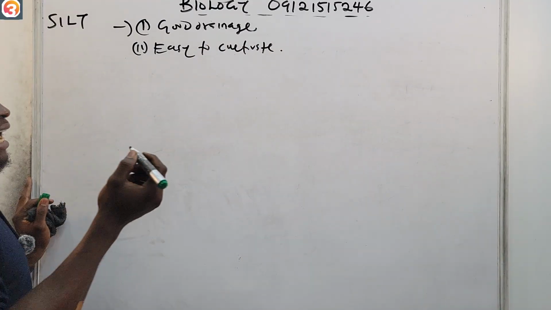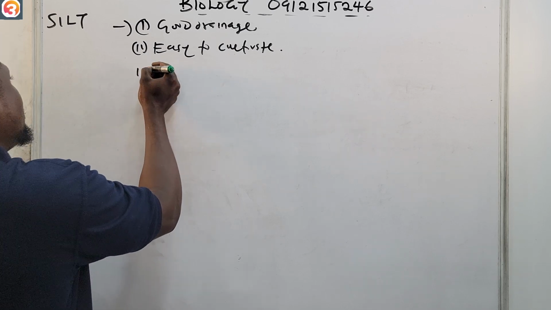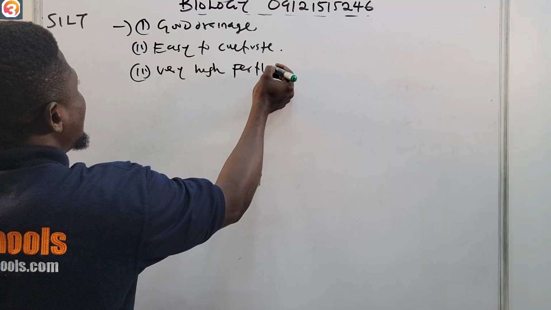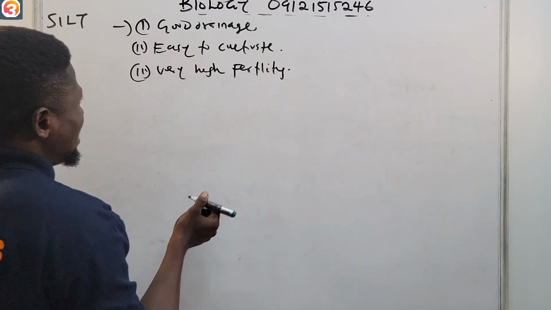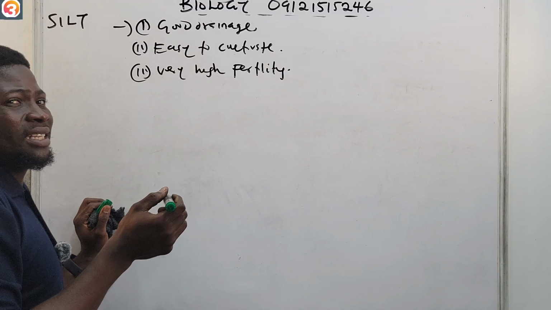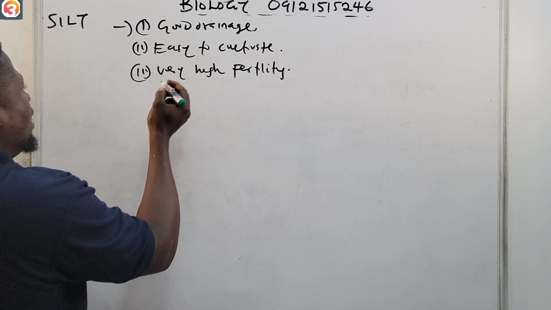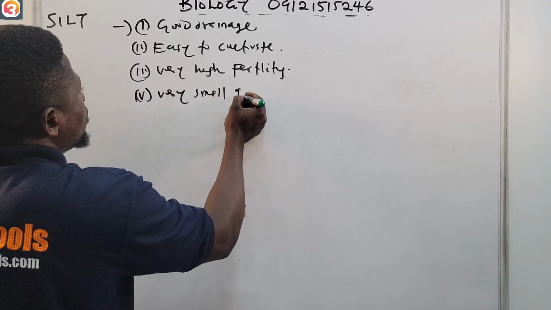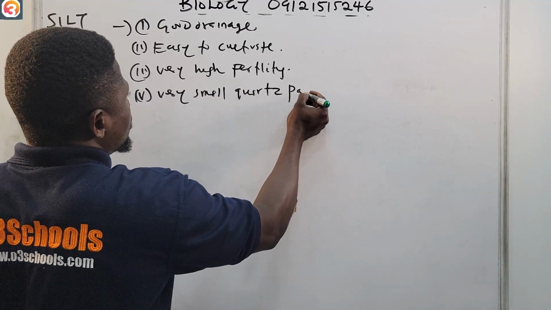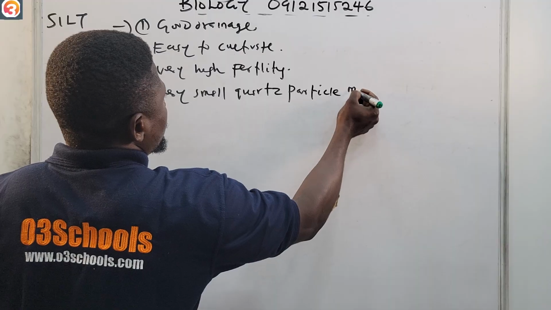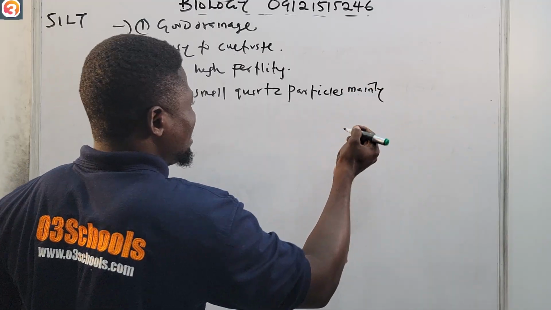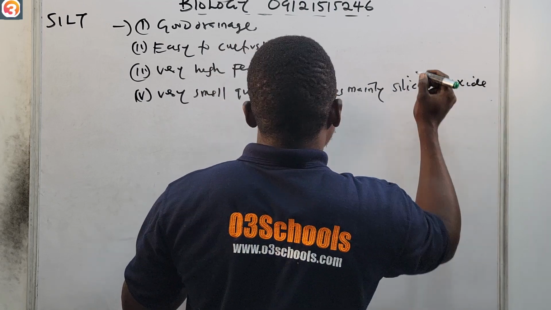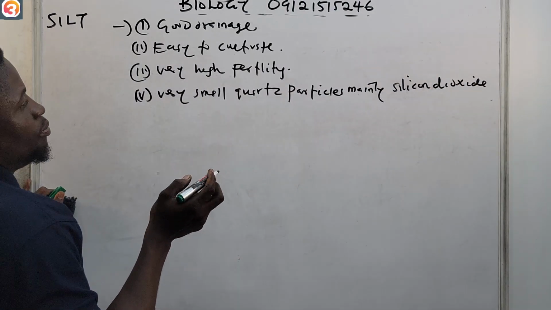They also have very high soil fertility. They are fertile. Then number four, they have very small quartz particles, mainly silicon dioxide.